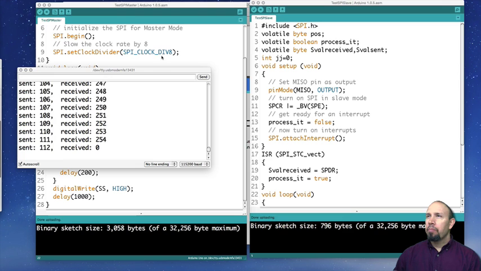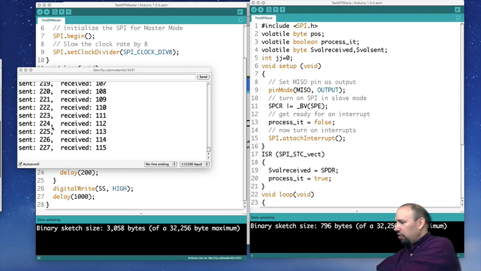Then the master is run, and notice that when we started up the master, these two numbers are not synchronized. It's not synchronized because the slave was already running and was incrementing before the master had a chance to even start, and so you have that kind of situation that arises.